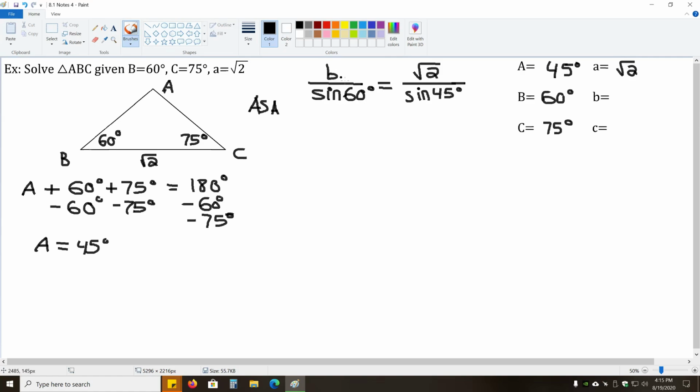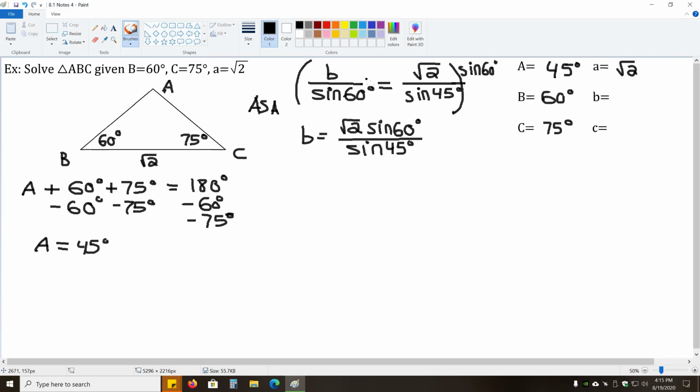And now we want to get side B alone. To do that, we'll multiply each side of the equation by sine of 60 degrees, which gives us B equals the square root of 2 times sine of 60 degrees over sine of 45 degrees.